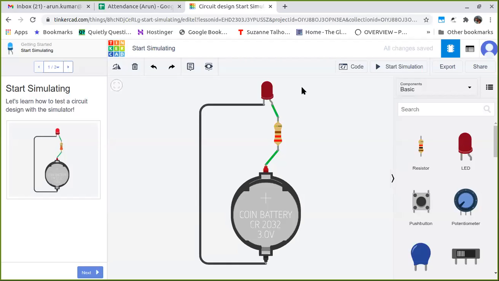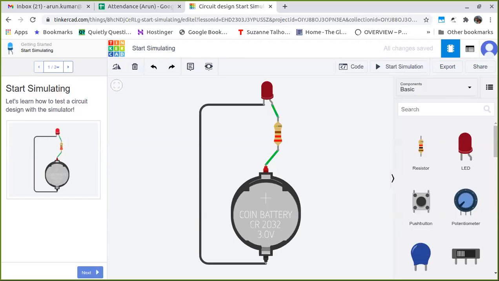Basically you've got a central pane in which you look at the circuit that you are going to make, and on the right side you've got different components that you use in a circuit. And then you can play around with this.